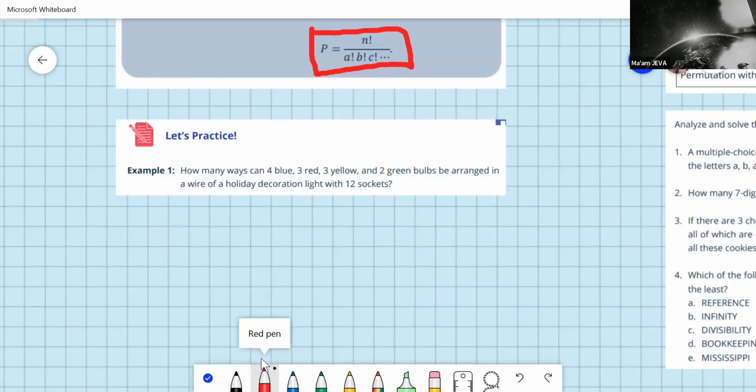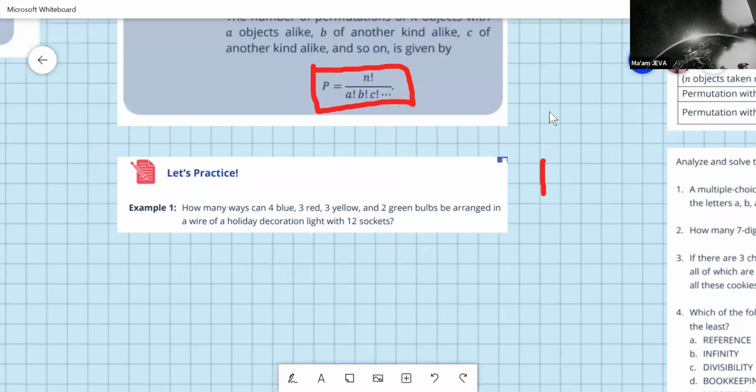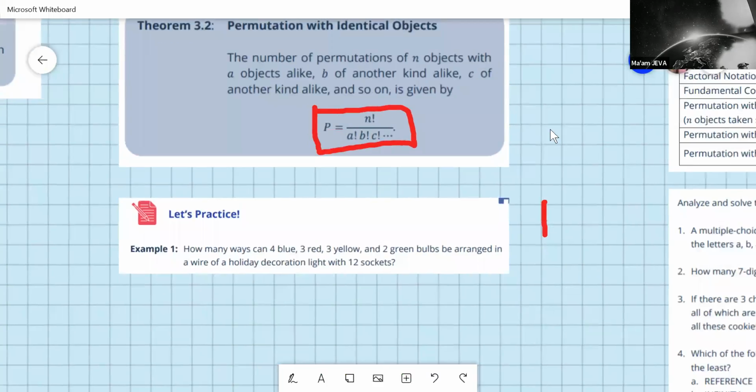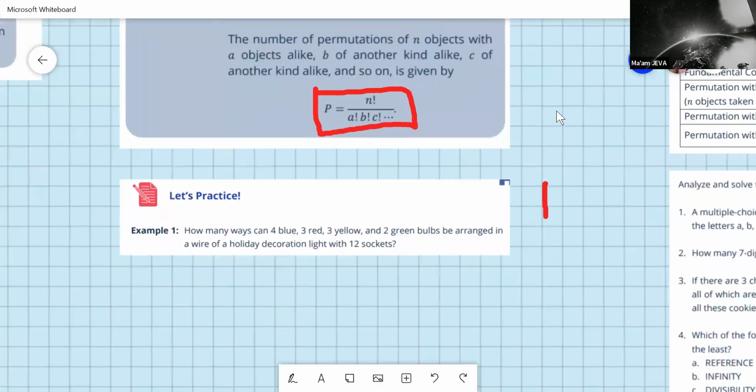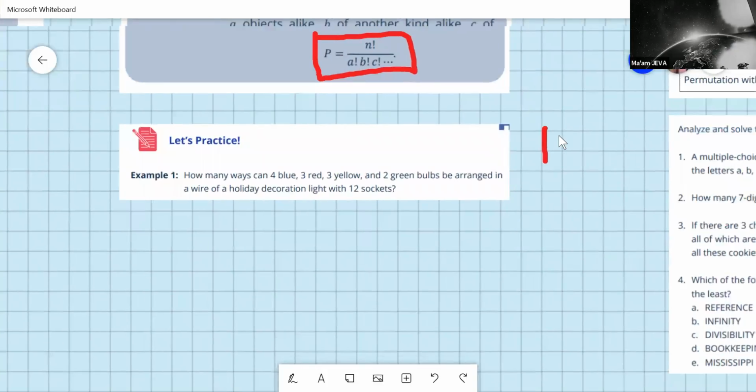In how many ways can 4 blue, 3 red, 3 yellow, and 2 green bulbs be arranged in a wire of a holiday decoration light with 12 sockets? Where are the identical objects here?